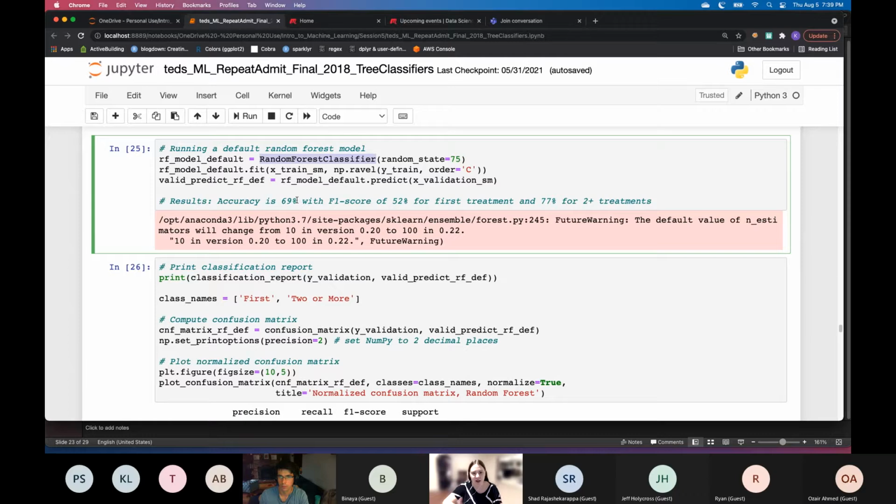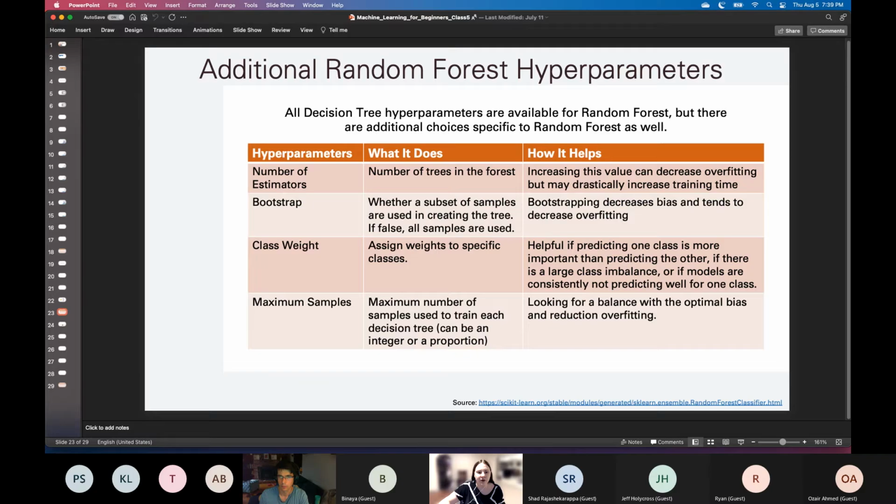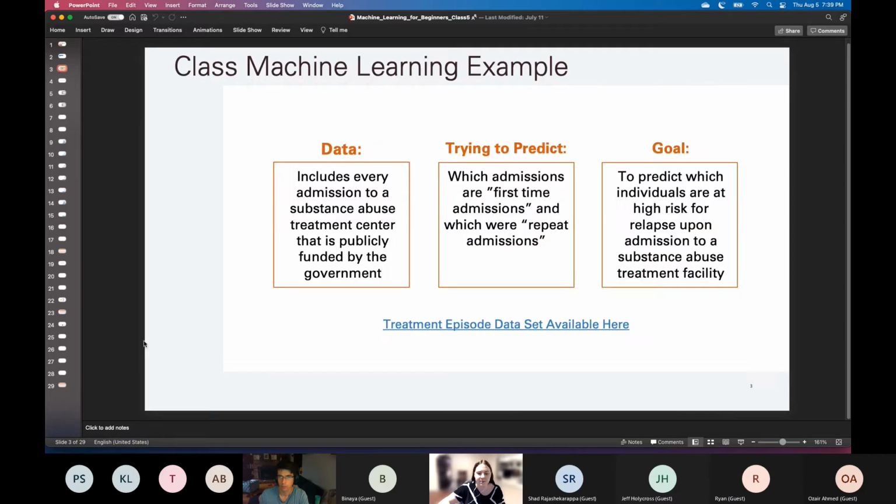If you haven't been to the class before, flip back real quick because I forgot to mention this. The data that we're using in this particular class is a set of every substance abuse treatment that was publicly funded in the United States in 2018. I took a subset of that data so that it wouldn't take so long for the models to run.